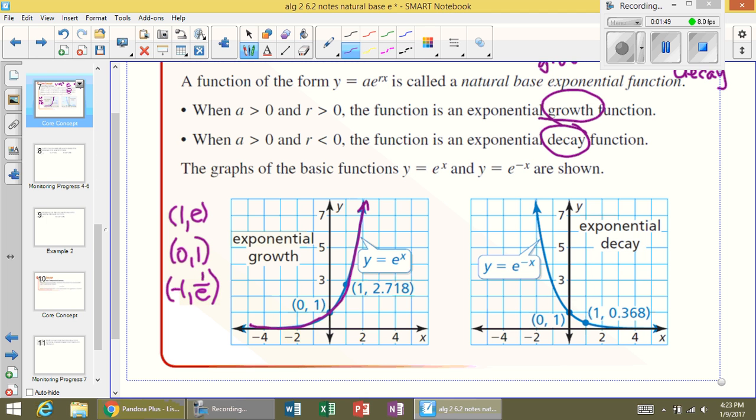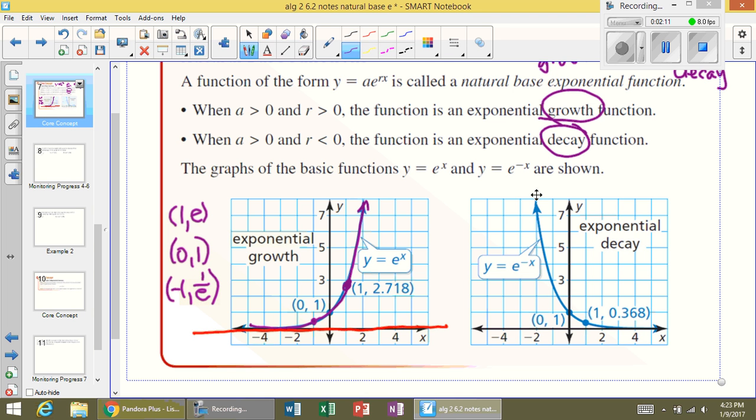So negative 1 and about a third. So here are those 3 points I'm asking you to graph, as well as we still have this asymptote on the x-axis. Our domain is still all real numbers, and our range is still going to be y is greater than 0.